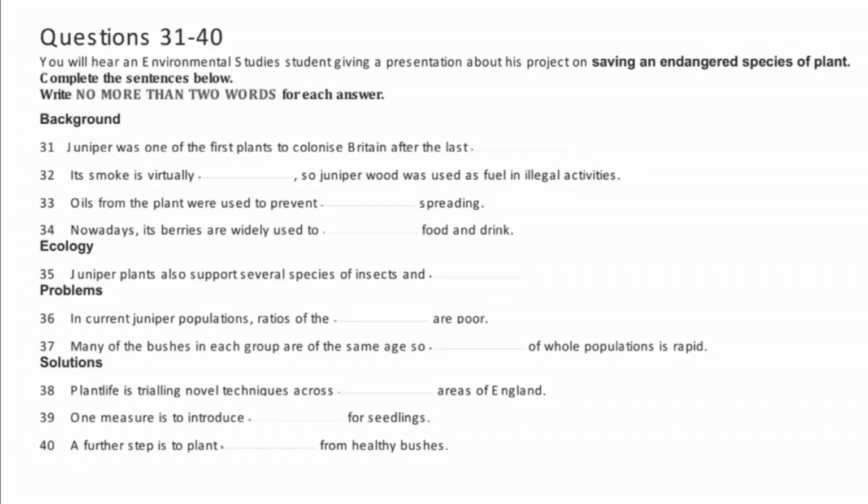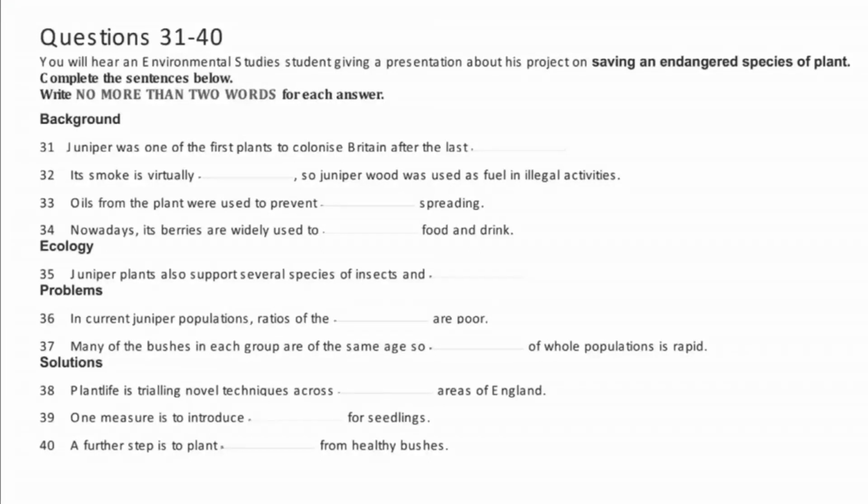So, why is the juniper plant declining at such a rapid rate? Well, a survey conducted in the north and west of Britain in 2004-5 showed that a major problem is the fact that in present-day populations, ratios between the sexes are unbalanced, and without a proper mix of male and female, bushes don't get pollinated.